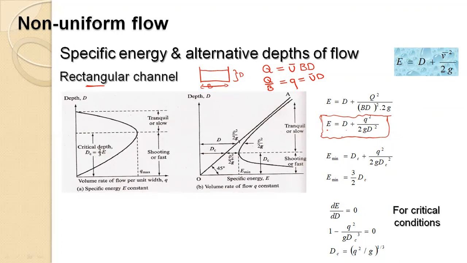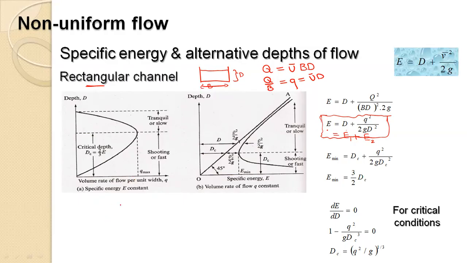How do we investigate this variation? To graphically represent E, the specific energy, I'll take this one as E1 and this one as E2, dividing it into two.